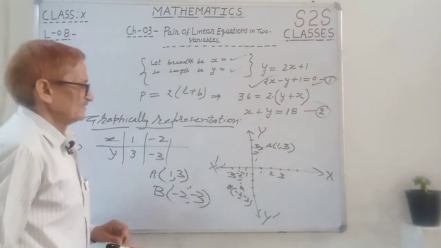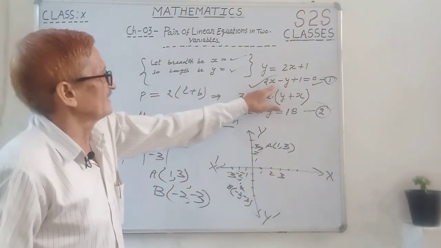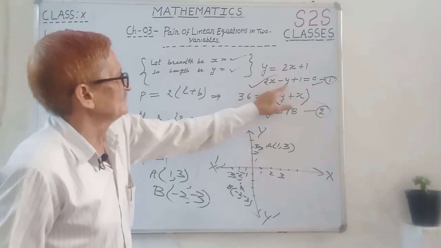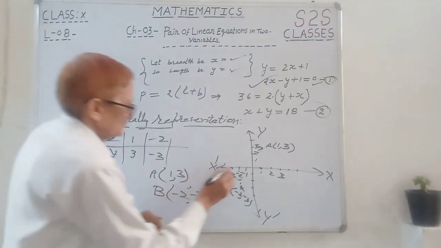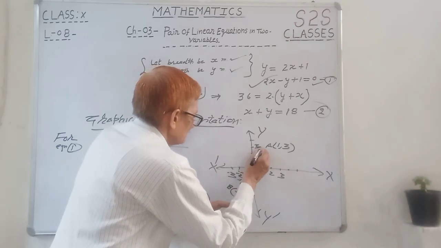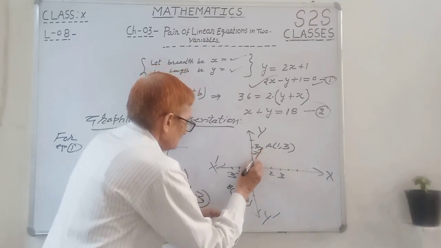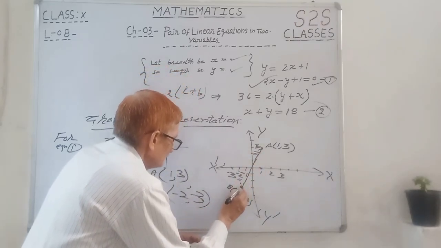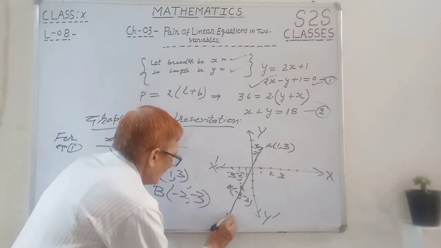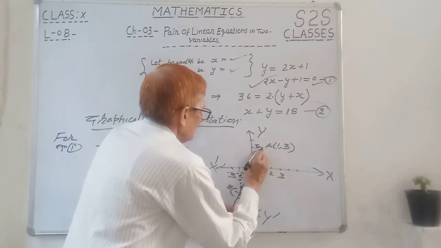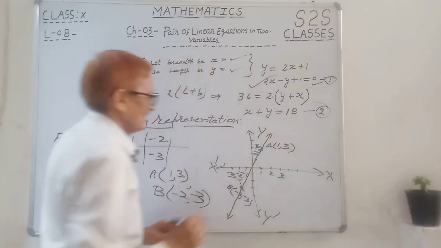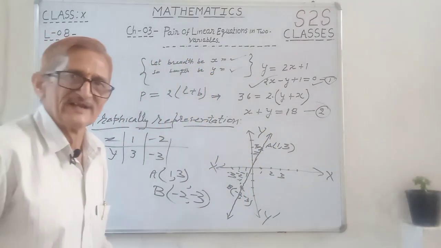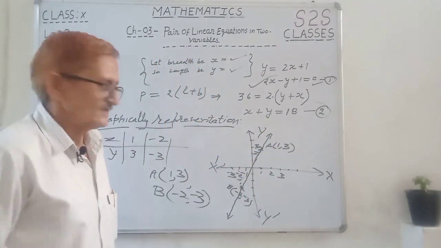Okay, join both points and you will see, if x is 0 and y is 0, then it will not go through 0. It means it is slightly away. Join with the help of scale both points and produce both sides and put the arrow.